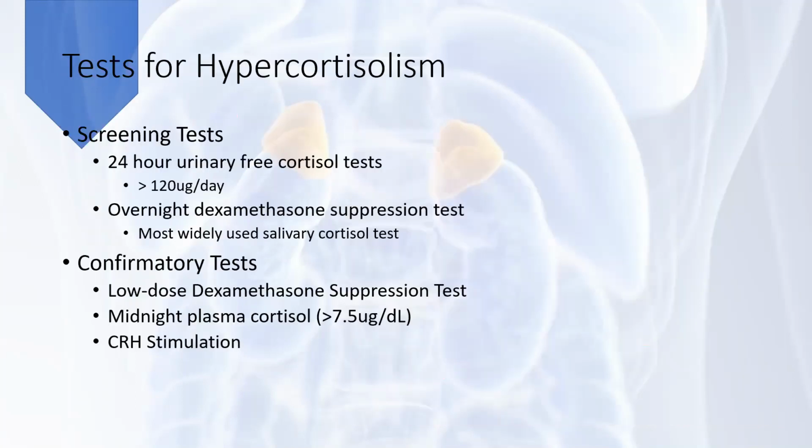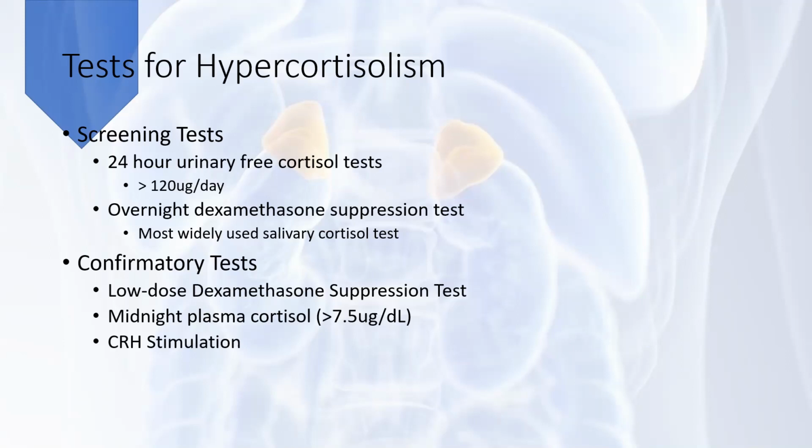Now, what are the tests for hypercortisolism? The screening test definitely for our hypercortisolism is our 24-hour urinary free cortisol test. Okay? Or you can use the overnight dexamethasone suppression test.